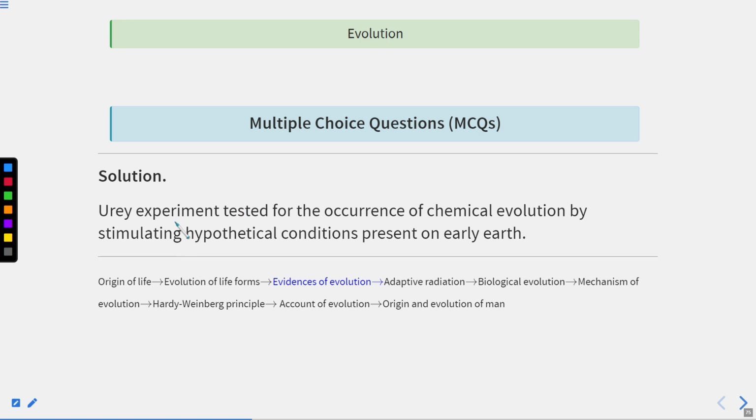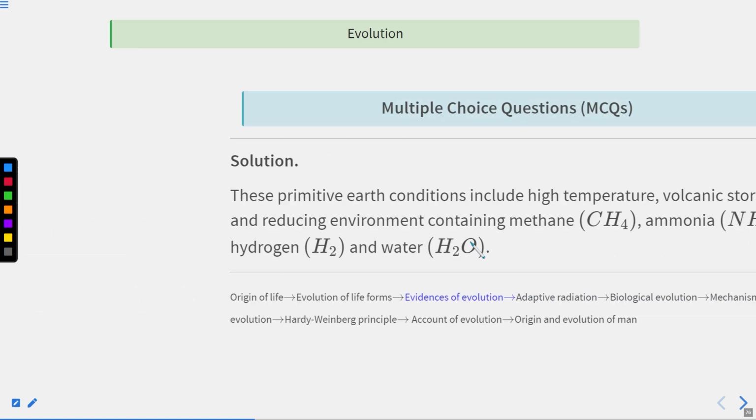So in Urey's experiment, what did he test for? The occurrence of chemical evolution. So he gave the chemical evolution theory. He simulated the hypothetical conditions present on the early earth. He did an artificial setup, and in this artificial setup he mimicked the conditions which were present during the primitive earth.